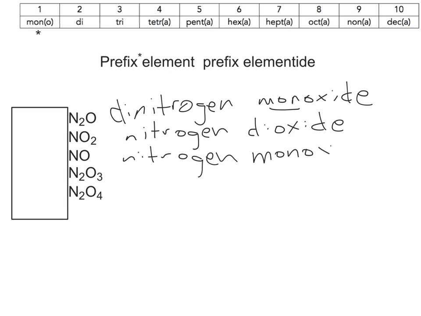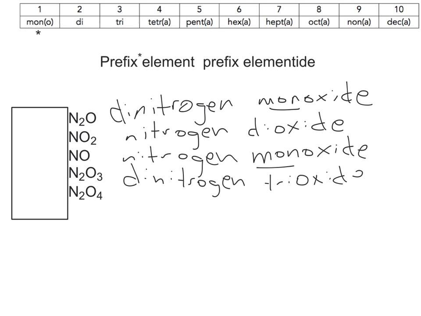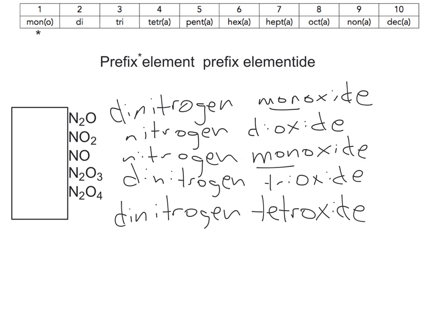Again, the mono became mon. 2 nitrogens and 3 oxygens is dinitrogen trioxide. And 2 nitrogens and 4 oxygens becomes dinitrogen tetroxide. Again, we wouldn't say tetraoxide, just chop off the A from tetra and get tetroxide.